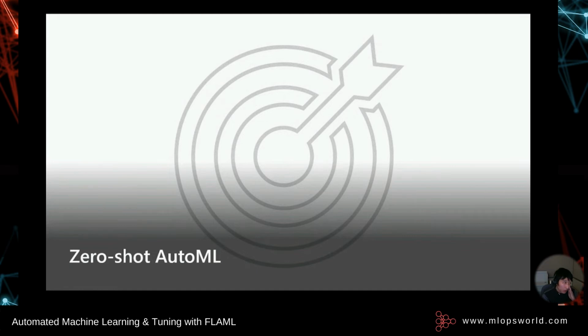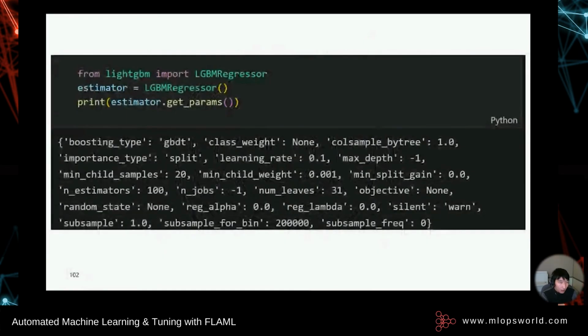So what is zero-shot AutoML? It means AutoML system without expensive tuning. And this is a brand new way of approaching AutoML. Let me explain it. Think about what happens when you use a LGBM regressor. When you initialize a LGBM regressor without any argument, it will set all the hyperparameters to the default values preset by the LGBM library.